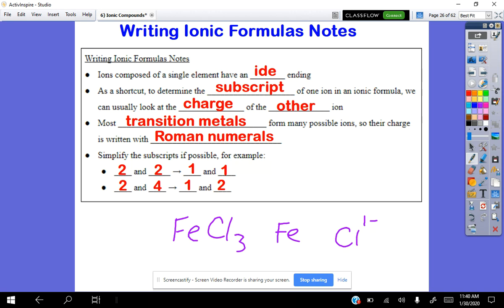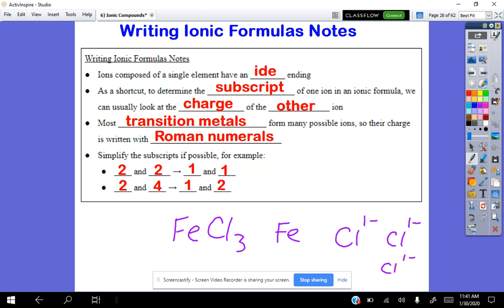If I have 3 chlorines, each with a -1 charge, in total I have -3 on one side of my compound. In order to have an ionic compound, we discussed that the charges have to add up so that we have an overall neutral charge, or a 0 charge.